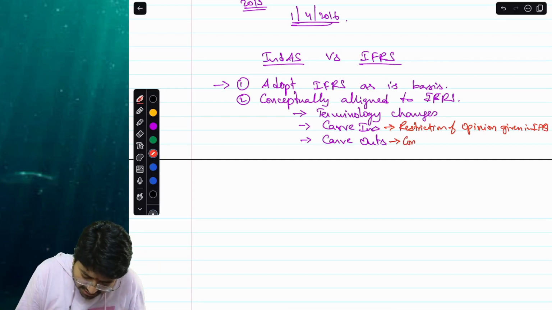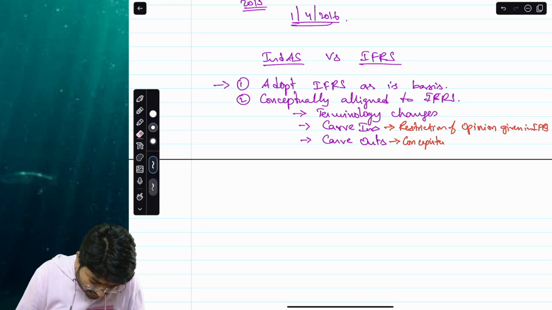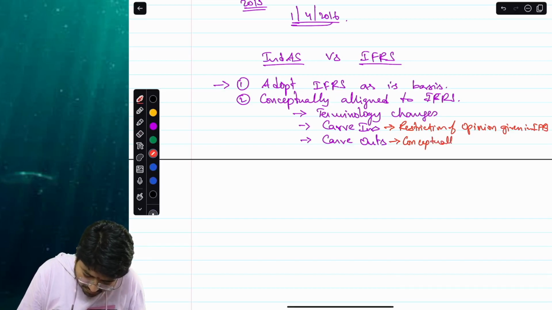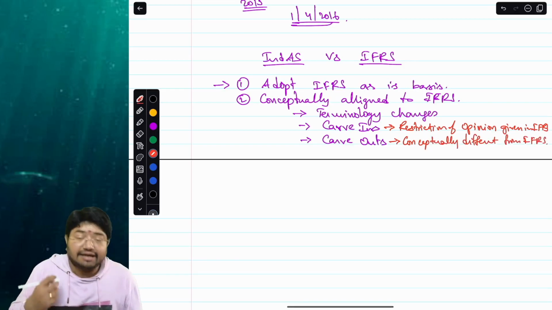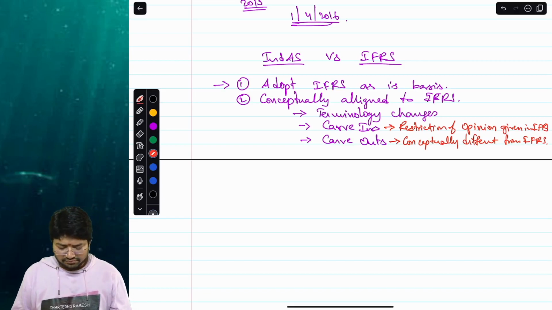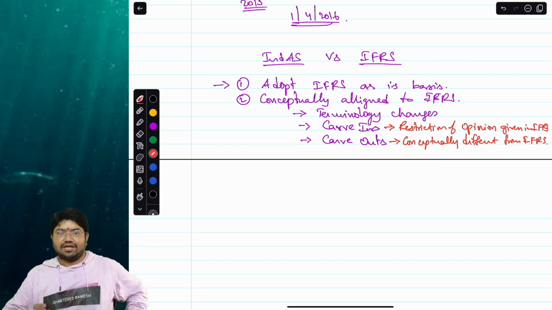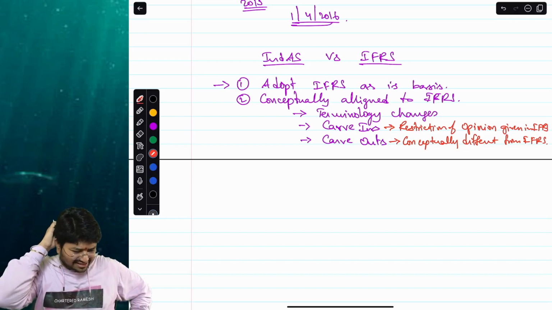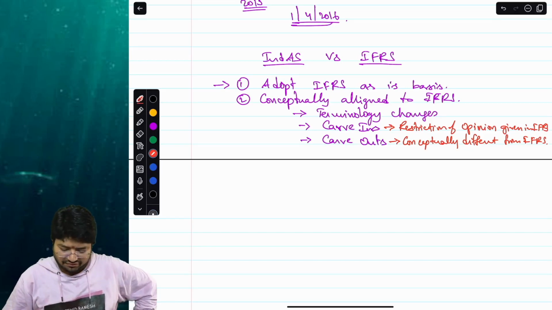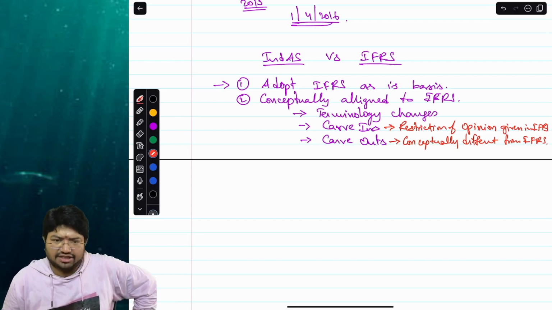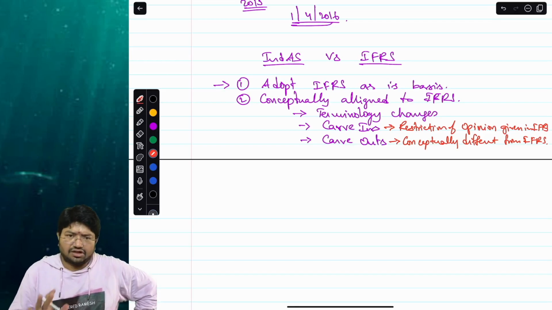So you can put it as conceptually different from IFRS. So broadly, these are the only three differences which can arise in your Ind AS and IFRS differences.